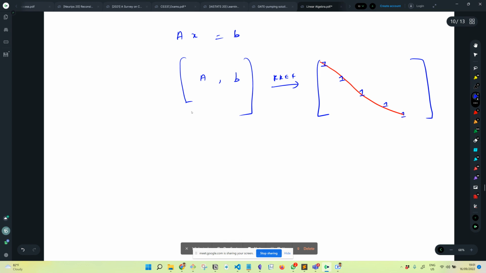In case you are not able to make an entry 1, it's okay to leave some of these entries as zeros, right? But if you can make 1, you should definitely make 1, right? That is the condition on the leading diagonal. The next condition is that the entries below the leading diagonal should be 0, and the entries above the leading diagonal can be anything; we don't care. This is the structure of row reduced echelon form.